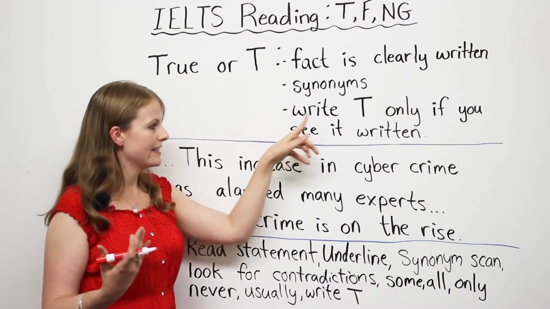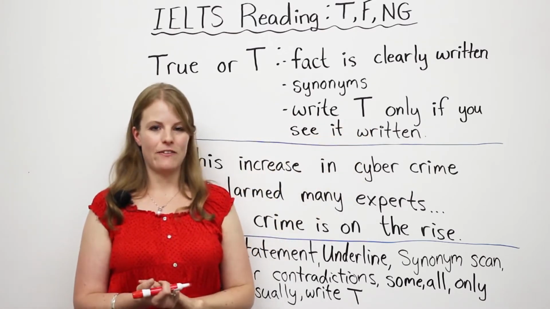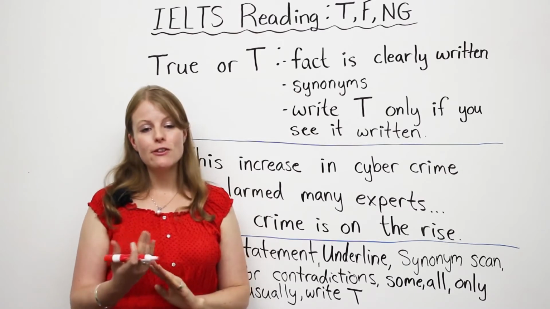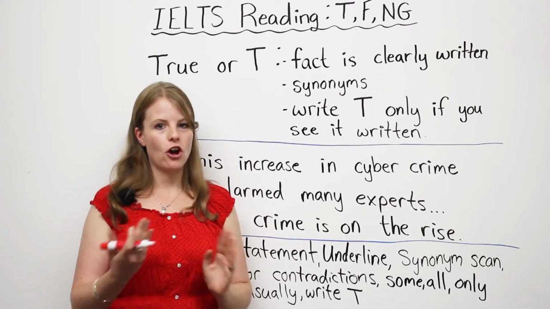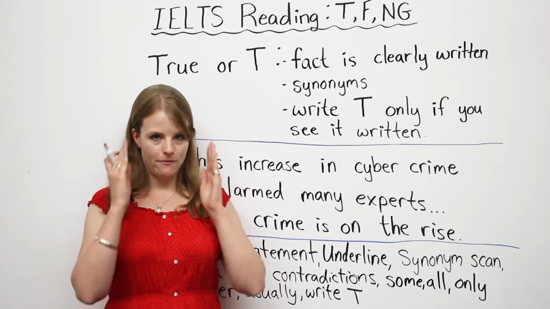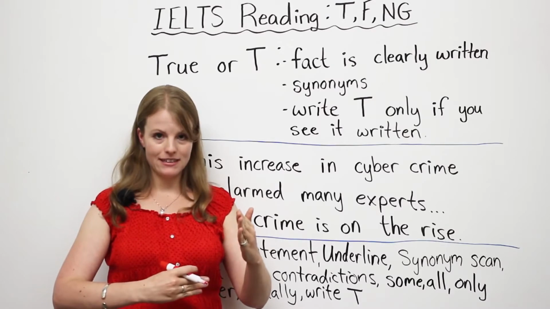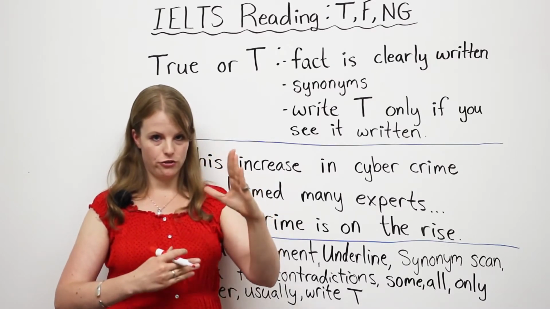And again, write T only if you actually see this fact written. If you know the fact is true, but it's not written, don't write true. Only write true if with your eyes you read it and you see it in the reading.